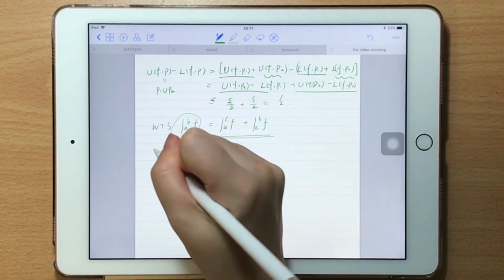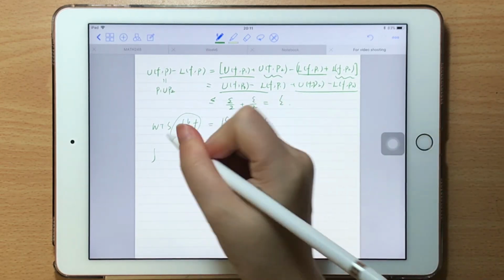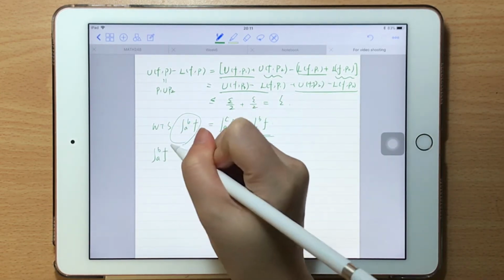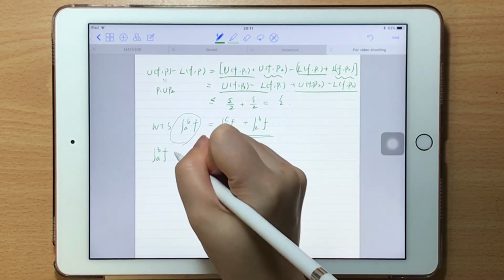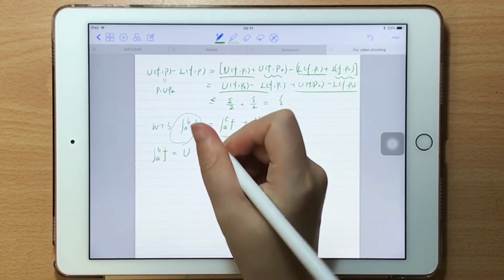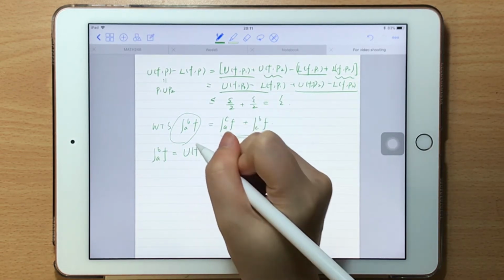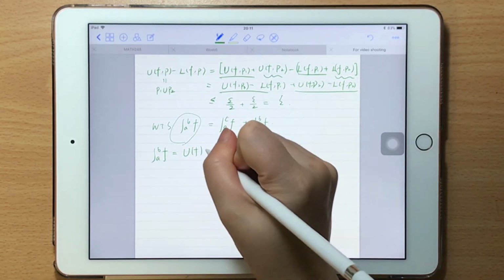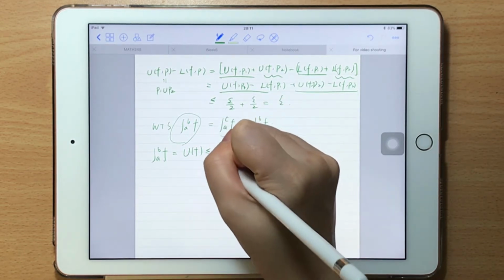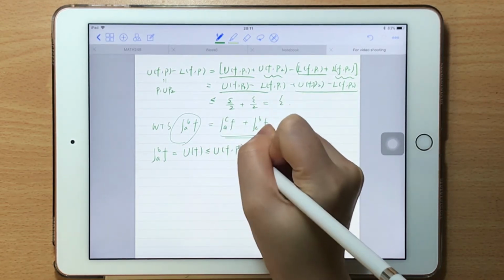So, well, by the definition, the integral of f on AB is equal to the upper integral of f, right? Since f is already integrable, the integral of f on AB is equal to the upper integral and also the lower integral, right? And this is going to be smaller than U of P, right?